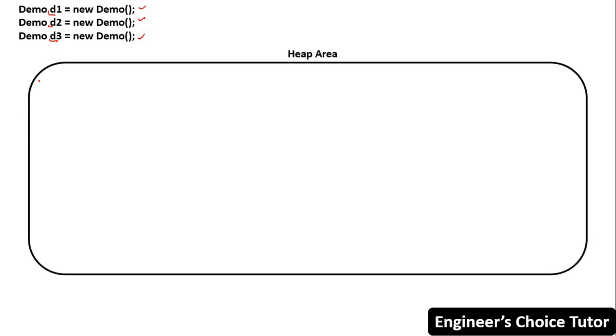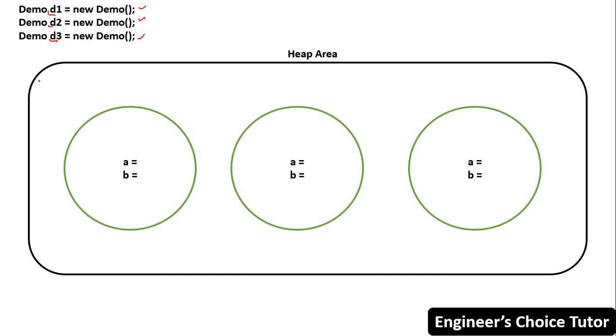Now suppose I am creating three objects of the same class. So I have to write like this, right? Three times. And see, the references are different: D1, D2 and D3. So what will happen in this case? Three objects will be created in the heap area like this. And for every object, a separate copy of instance variables will be created. Am I right?